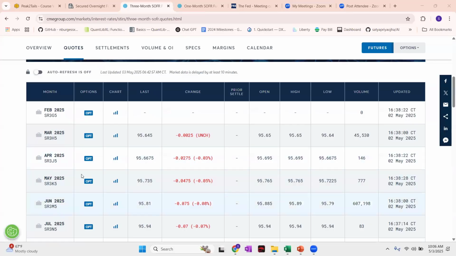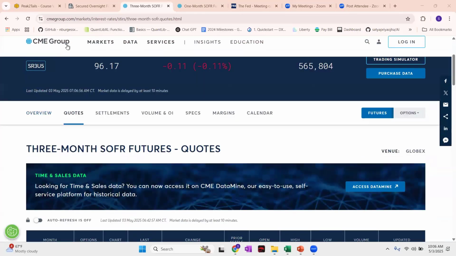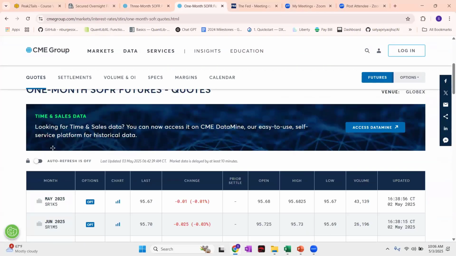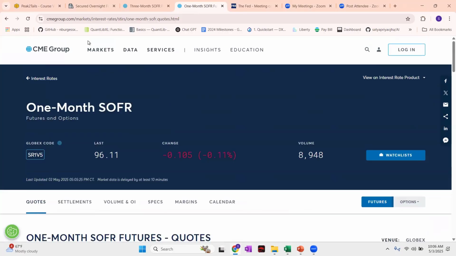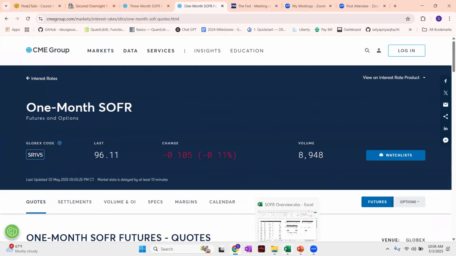You can see different futures and the last traded price, change, high, low, volume, etc. And in parallel you have 1 month future quotes. So this is their website. There are a lot of good resources on the CME website. I would highly recommend going through those.